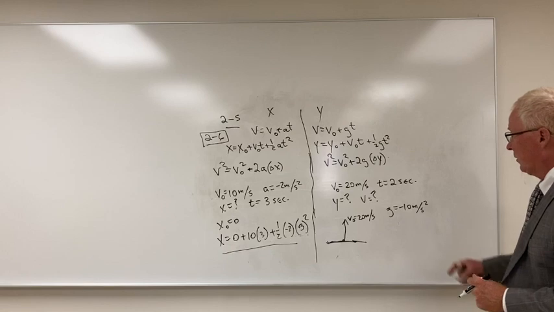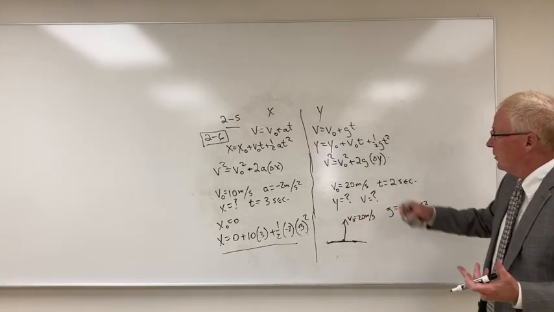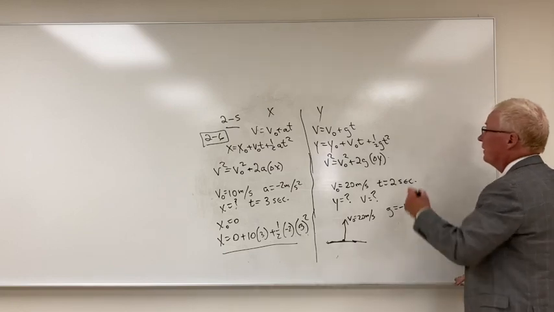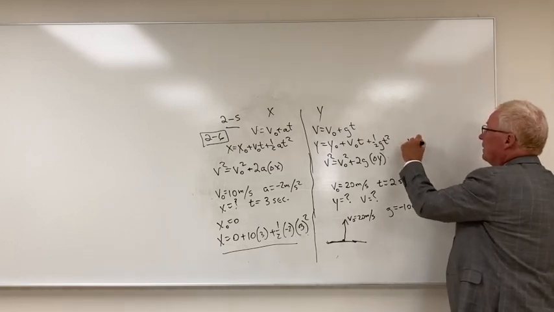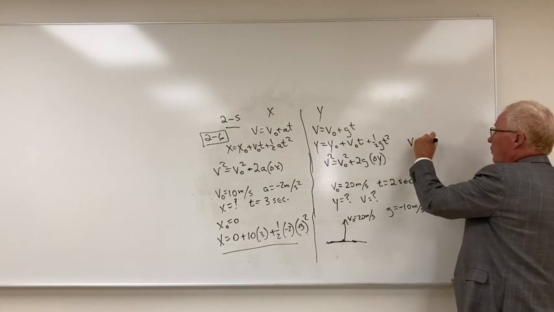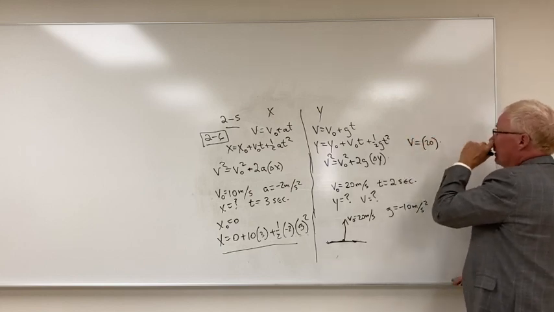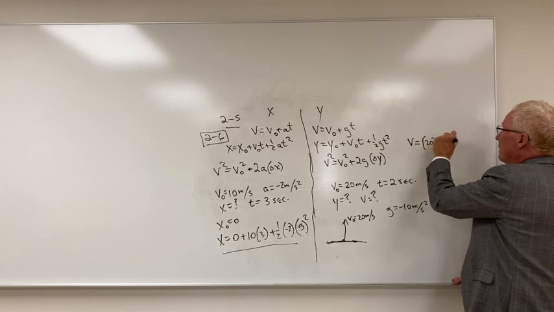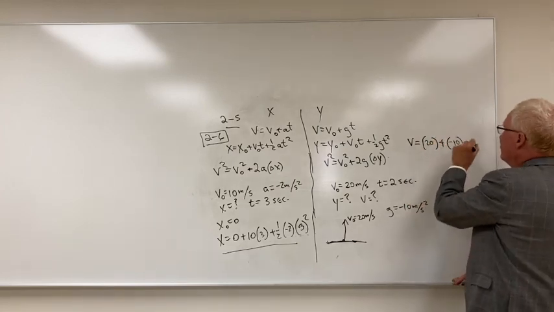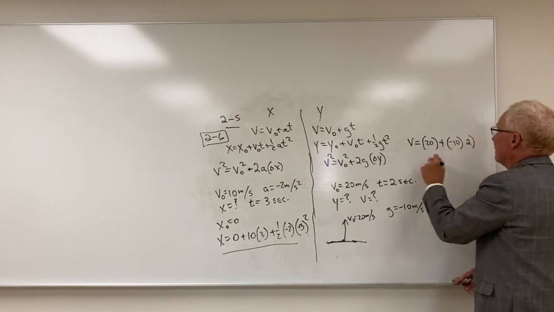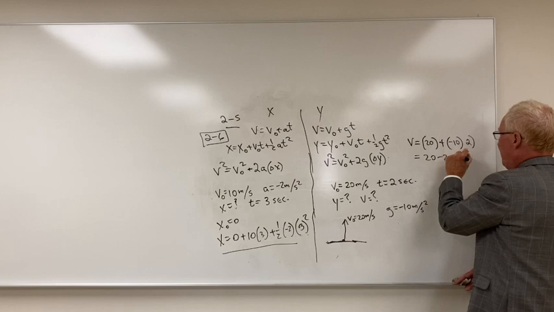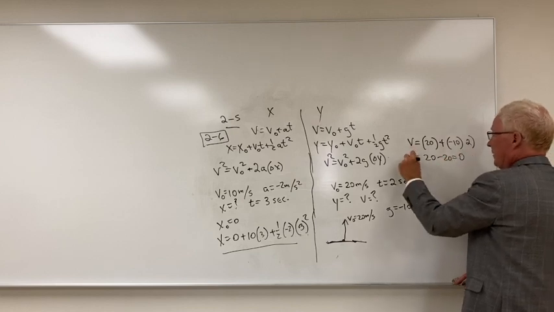So in this case, I'm trying to find y and v, so I'm going to be using two different equations for this. In the first case, v would be v0, which would be 20, plus minus 10 times 2 seconds. All right? This would be 20 minus 20. It would actually be stopped.